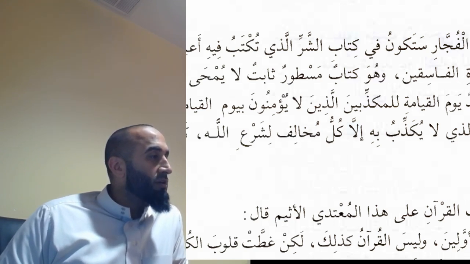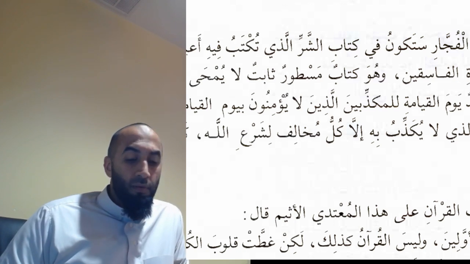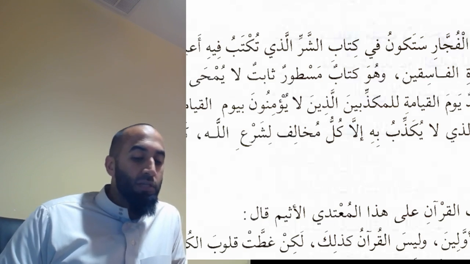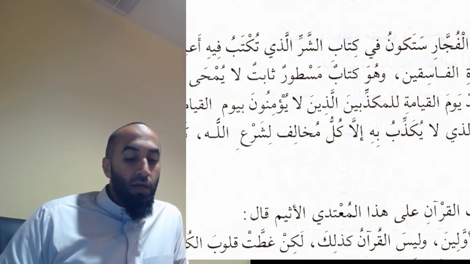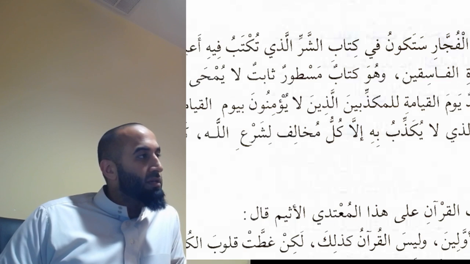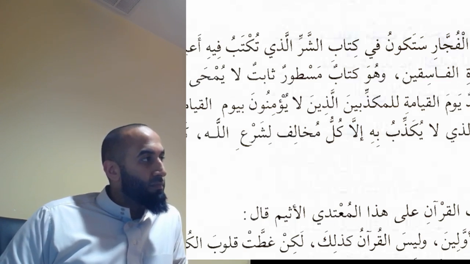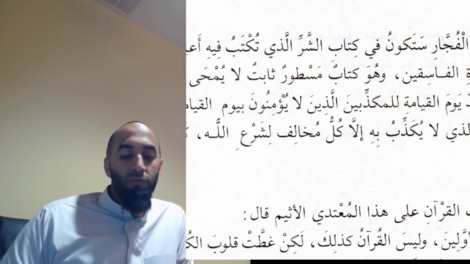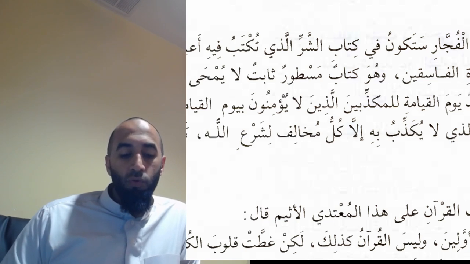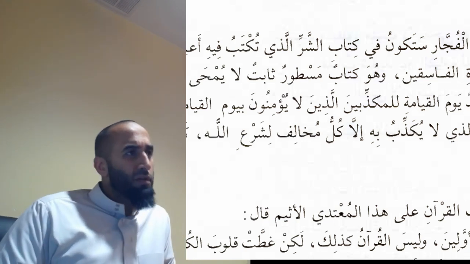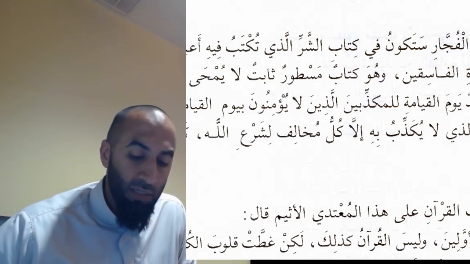Yes, Maryam. The kathir is majroor. Why? Because of lishar. كل مخالف لشرع الله كثير الذنوب, it's a sifa of مخالف لشرع الله. Is it also like another mudaf ilayhi for كل? إلا كل مخالف لشرع الله وكل كثير الذنوب. Yeah, it could be every person that is a lot in sin.